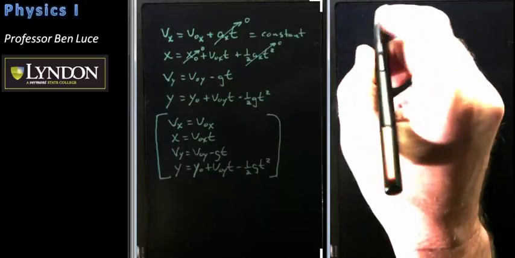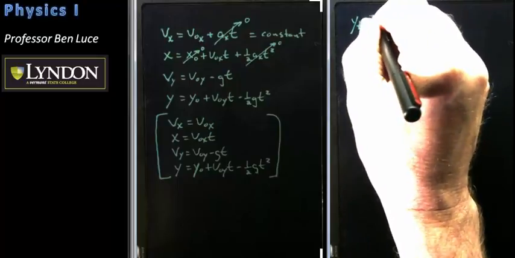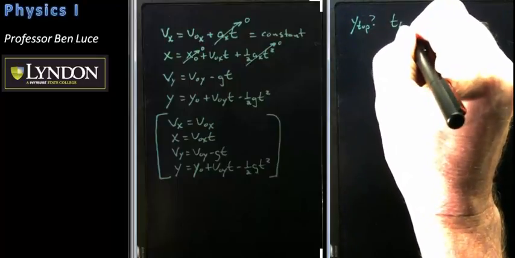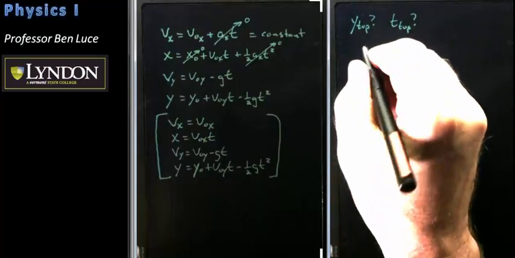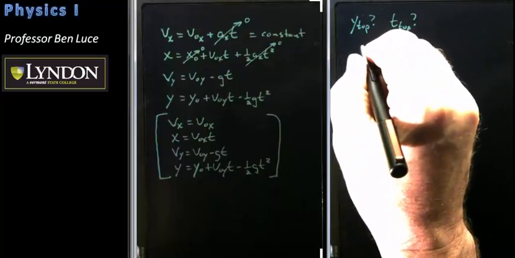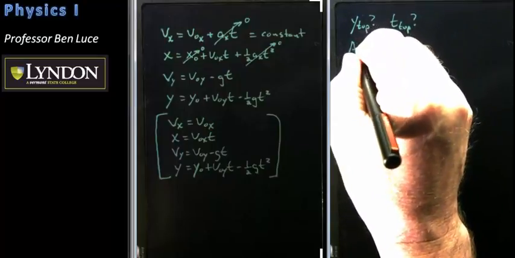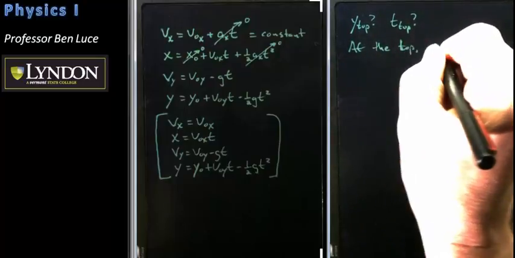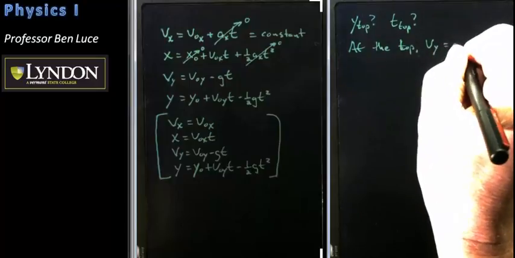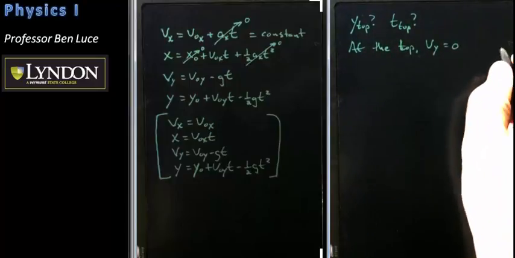So let's begin. Let's first seek y top and t top. Well, as we saw with the first example, and actually just the first example, at the top, v sub y is equal to 0 because the projectile is just moving horizontally.